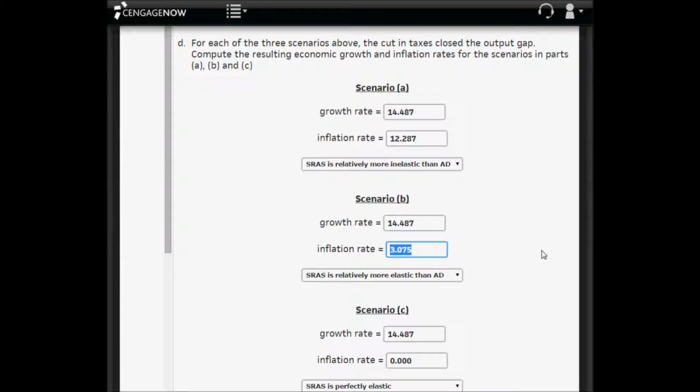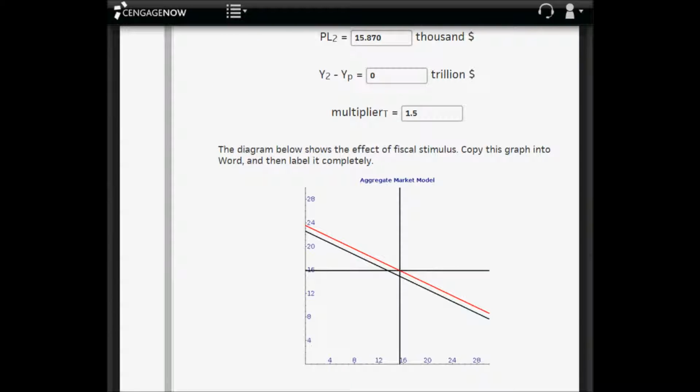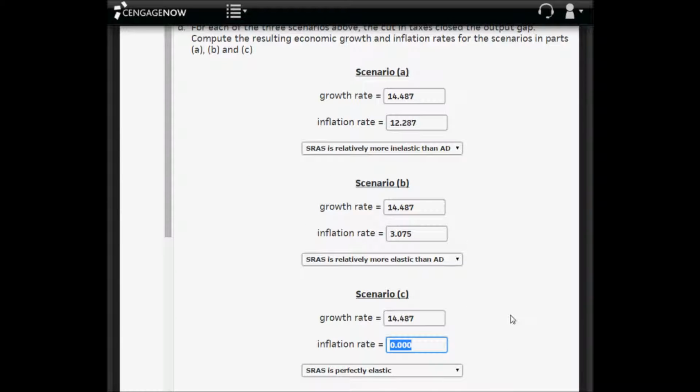In addition, fiscal policy is not as inflationary when short-run aggregate supply is relatively more elastic than aggregate demand. The multiplier reaches its maximum level of 1.5 when short-run aggregate supply is perfectly elastic. In this situation, fiscal policy is not inflationary.